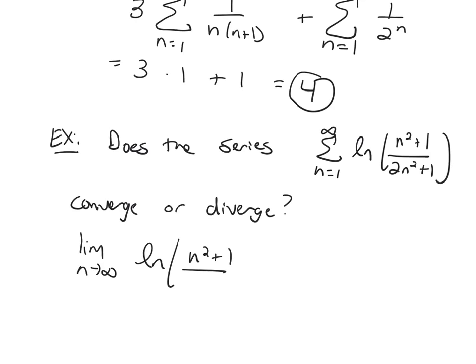Okay? So let's take the limit of ln of n squared plus 1 over 2n squared plus 1. And what are you going to get for that limit? Take a minute. ln of 1/2, right? You push ln as a continuous function, you push the limit inside.